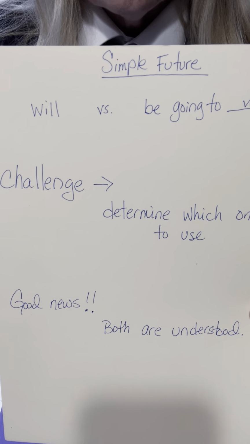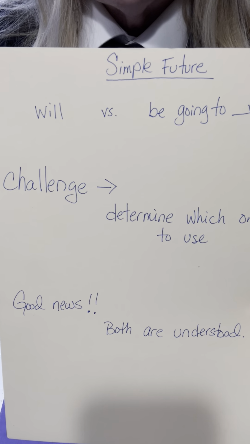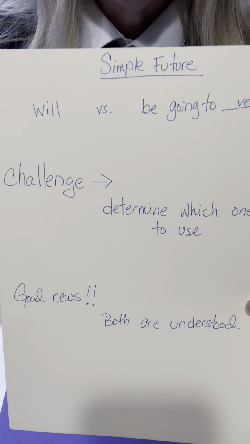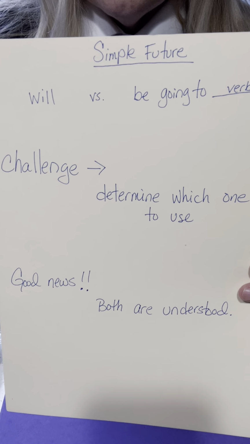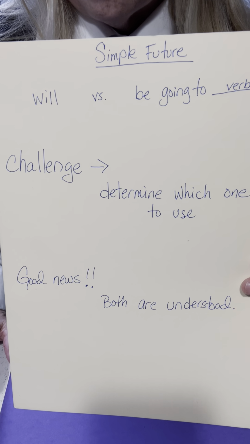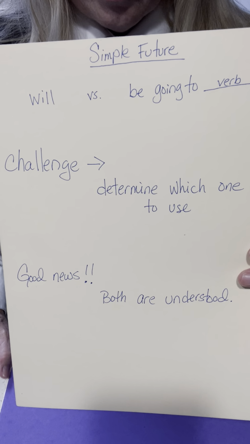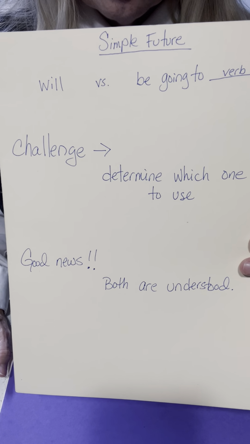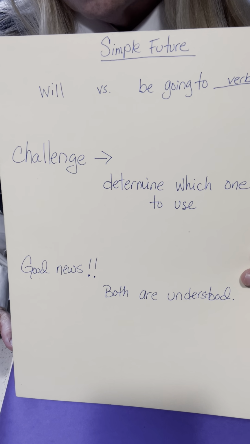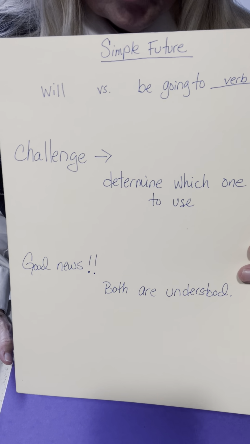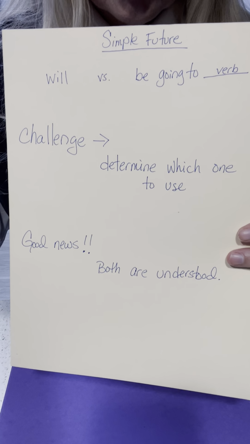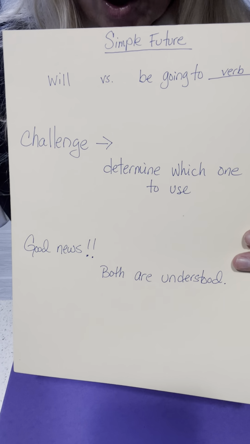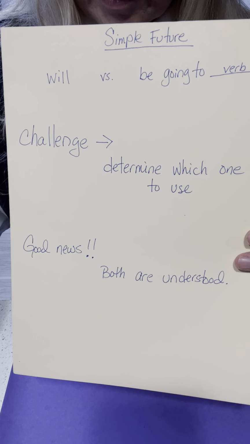When students start learning English, many of them use will to express the future all the time. And we'll see why I think that is the reason in just a few minutes. But if that is something that you're doing, another challenge will be to transition to using going to instead of will.